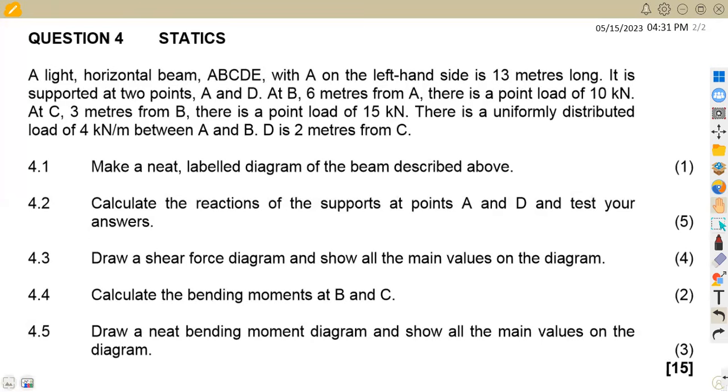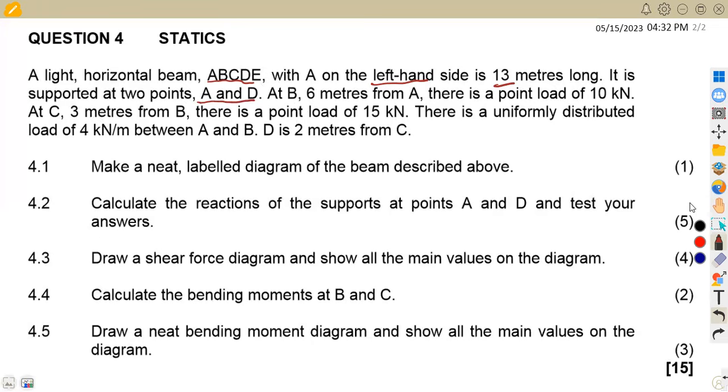All right, so on question number 4, you're given a light horizontal beam, referred to as A, B, C, D, E, with A on the left-hand side, 13 meters long. So the beam is the one that is 13 meters long, and it is supported at two points, A and D. So A and D represent the supports.